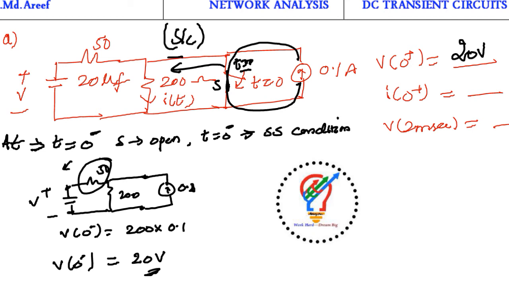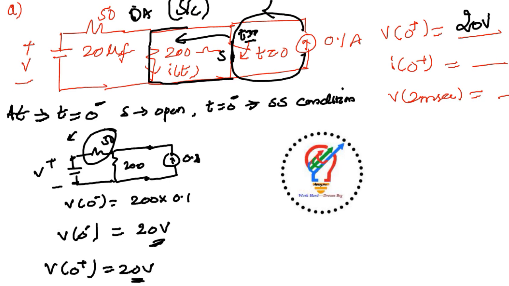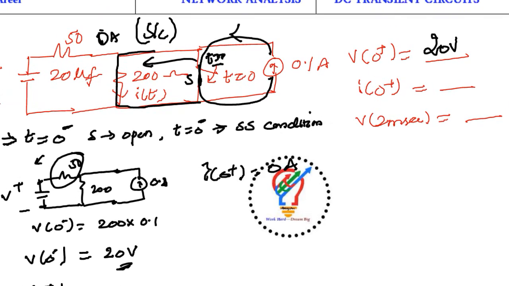Current always tries to flow in this path, so here it is going to be 0 amps only. So I of 0 plus is nothing but 0 amps. So 0 amps is the answer.